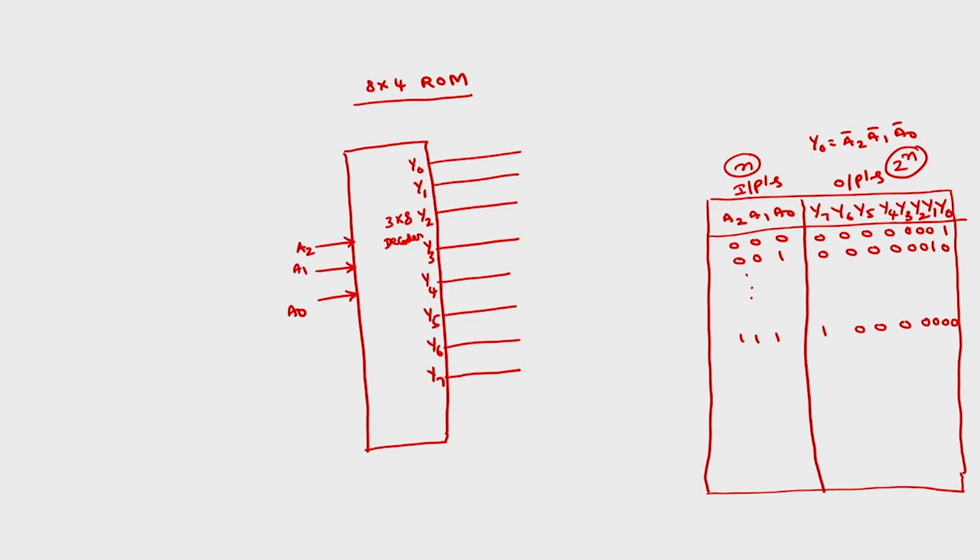So if I want to write the Boolean expression, Y0 is 1 here. If I take this Y0 column, only one minterm is there. So Y0 is equal to A2 bar, A1 bar, A0 bar. And if I take Y1, A2 is 0, A1 is 0, A0 is 1. So Y1 will be A2 bar, A1 bar, A0.